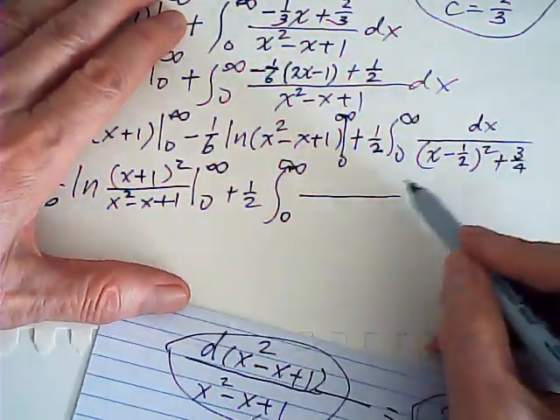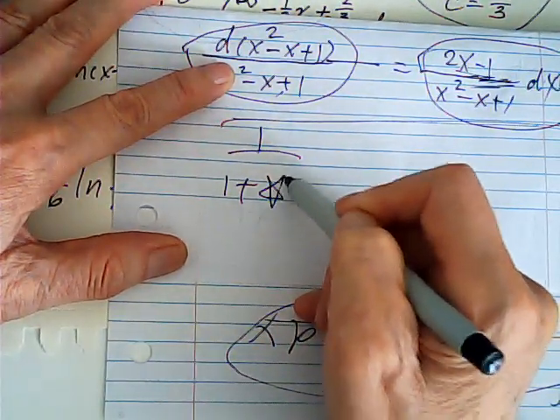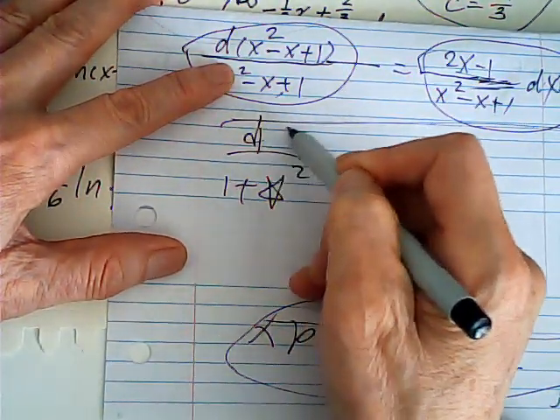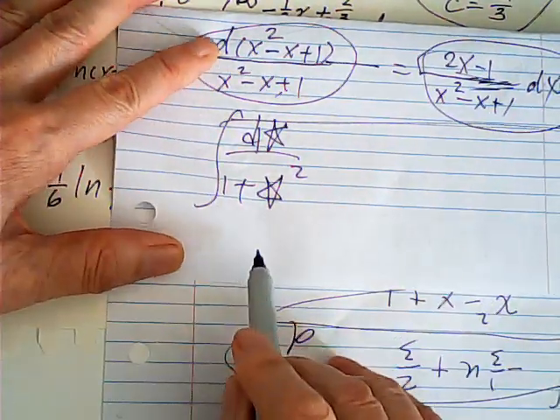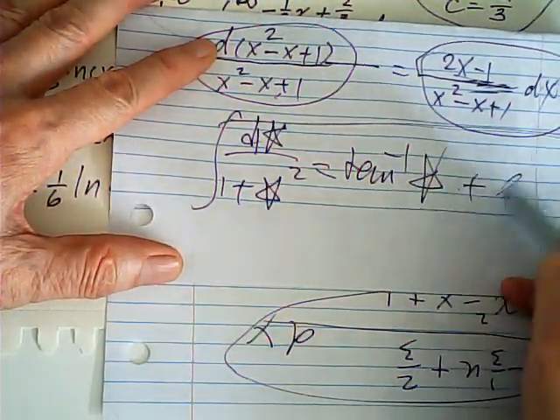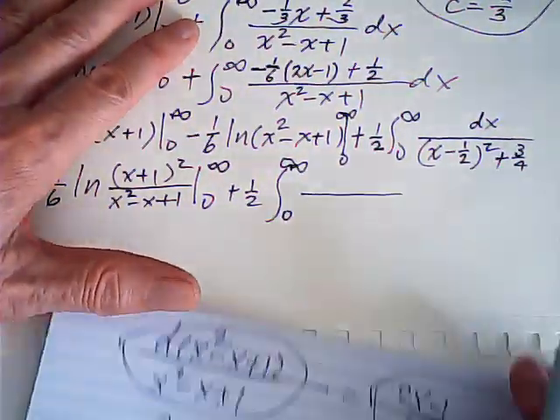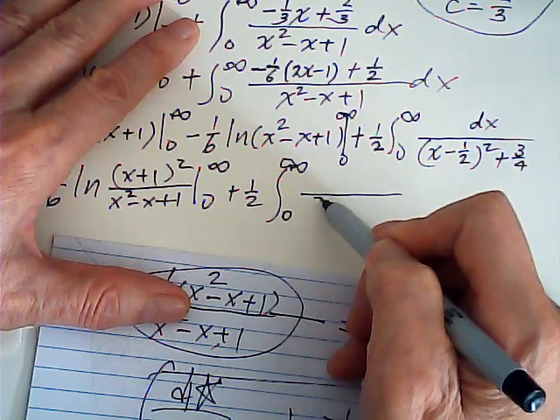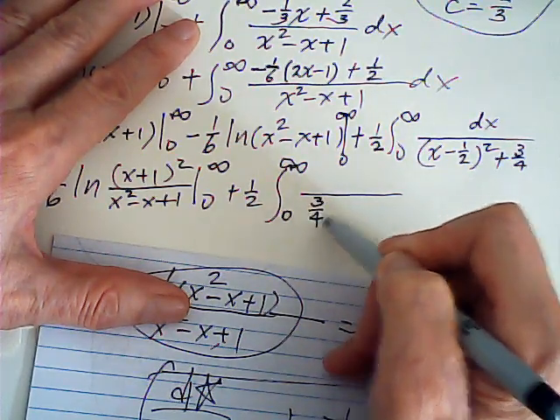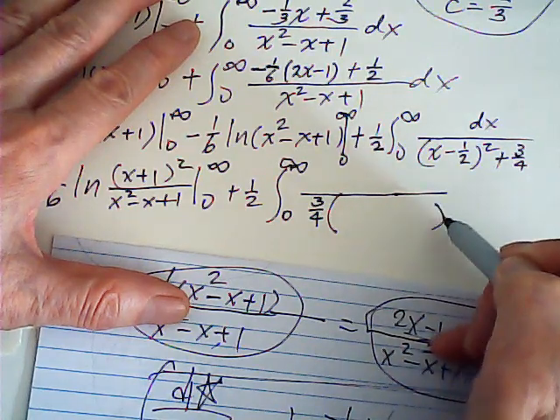Now I need a basic formula. The basic formula is this, right? 1 over tangent squared plus 1 dx. That is the basic formula for arctangent, plus c. So I need a 1 here, so I take 3/4 out. So this is 1, right?